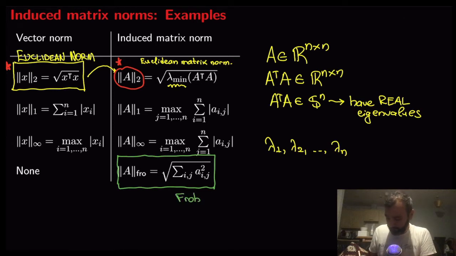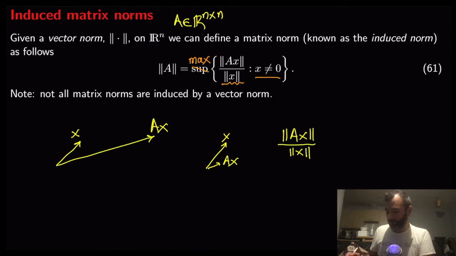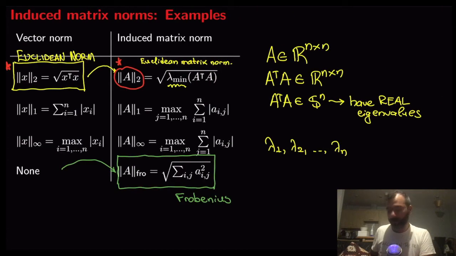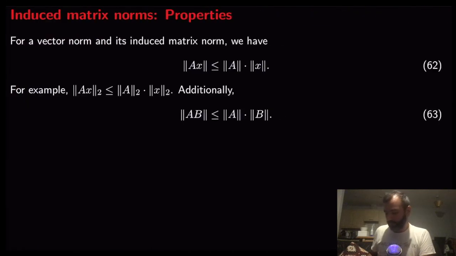Frobenius, like this. And this comes from no vector norm. This is not an induced matrix norm. We cannot find a vector norm that induces this particular norm. So it doesn't come from this formula. Okay, so let's move on.